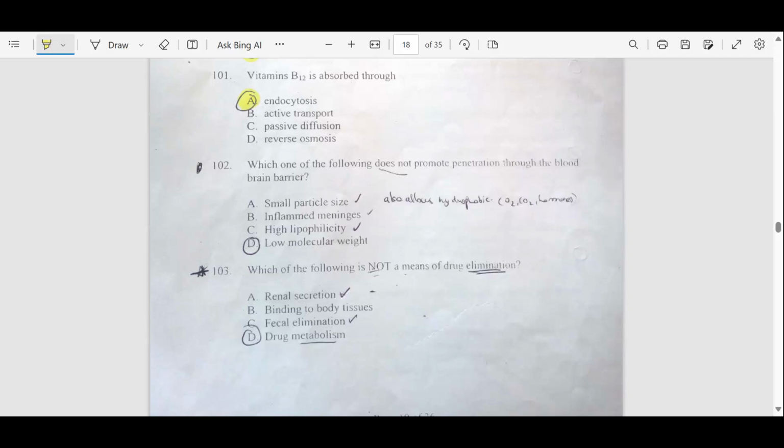Now we go to number 102. Which one of the following does not promote penetration through the BBB? You have small particle size, inflamed meninges, high lipophilicity, and low molecular weight.